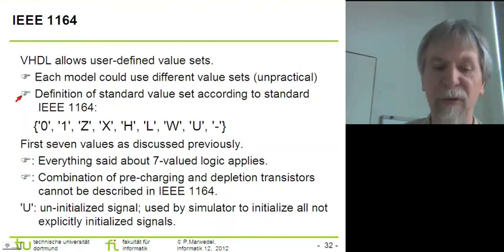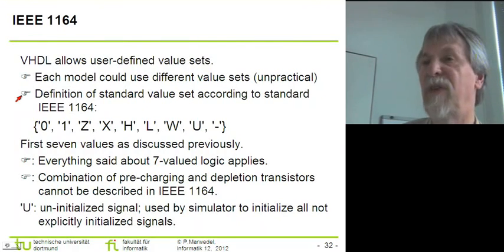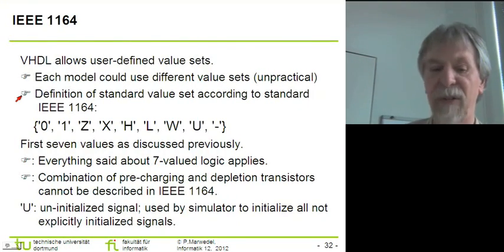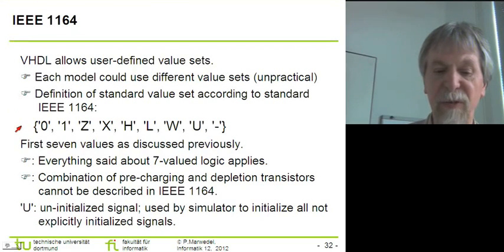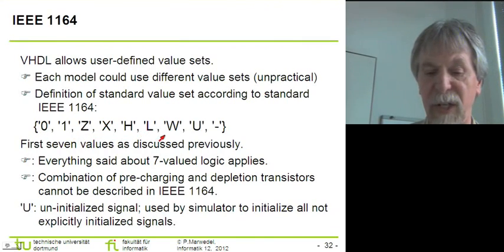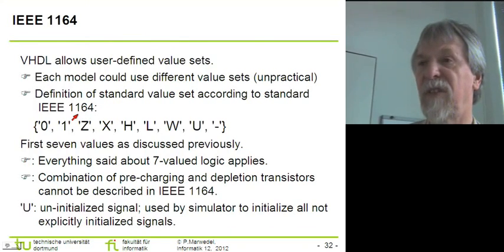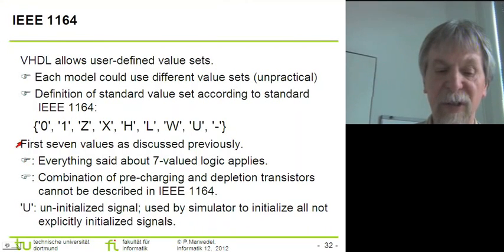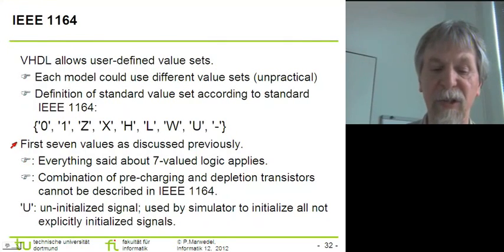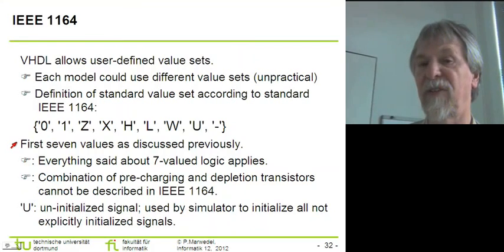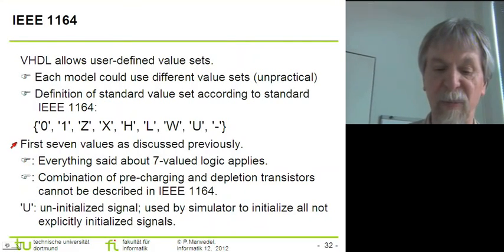So therefore, the designers of VHDL tried to find a way out of it. And therefore, they have defined a standard value set that can be shared between the different users. In the standard value set, we have the following values. We have 0, 1, Z, X, capital H, capital L, capital W, and additional 2 values U and a minus sign. These values are standardized in a standard called IEEE 1164. And in the standard IEEE 1164, the first 7 values are exactly the same values that have been described previously.